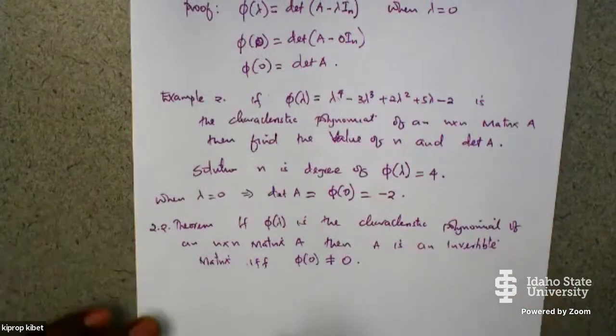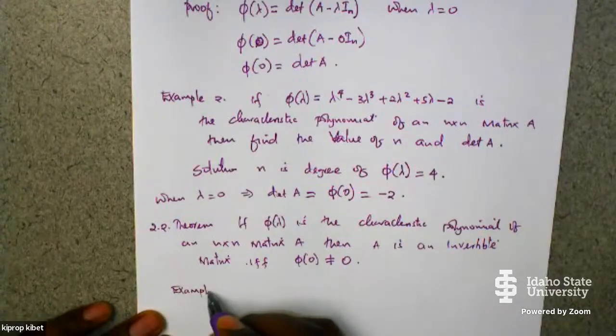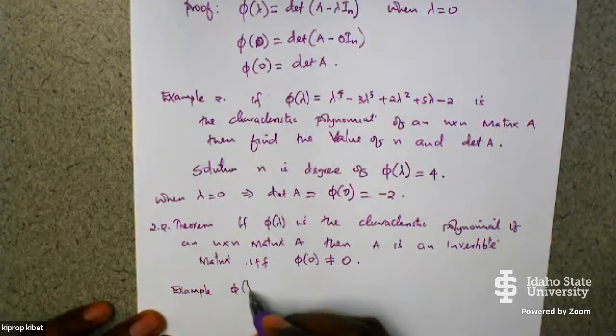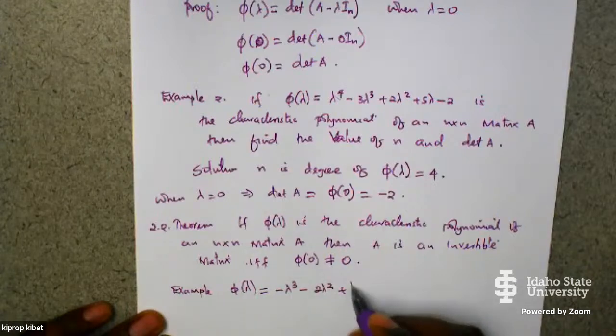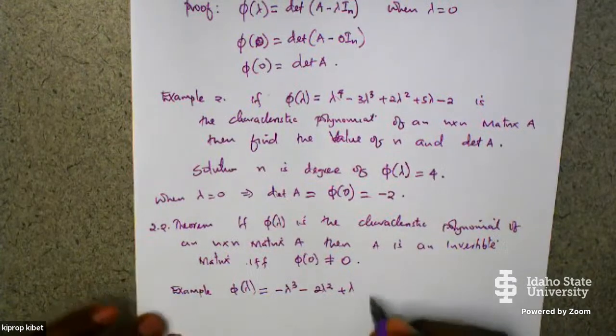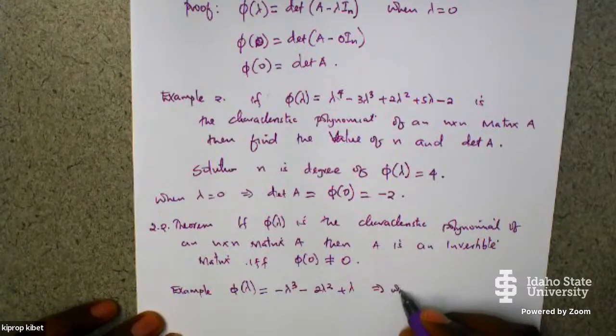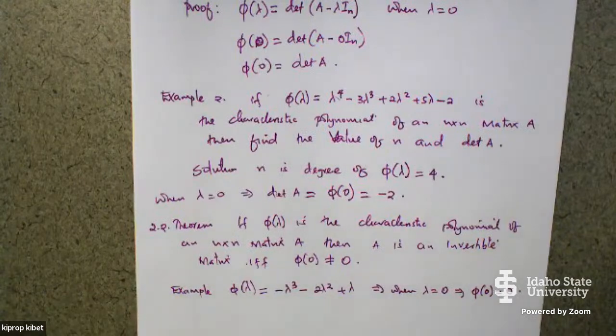For example, if we have phi equal to negative lambda cubed minus 2 lambda squared plus lambda, then when lambda equals 0, phi equals 0.